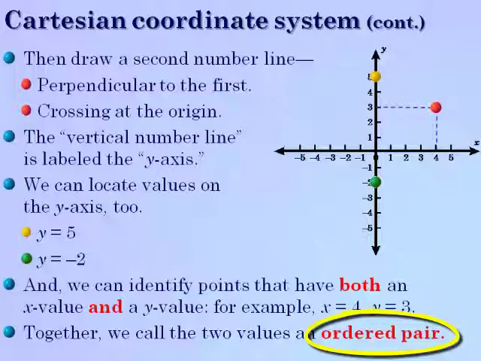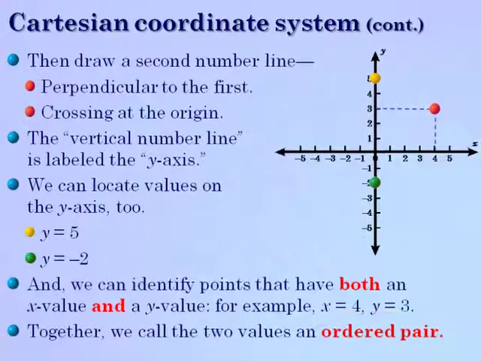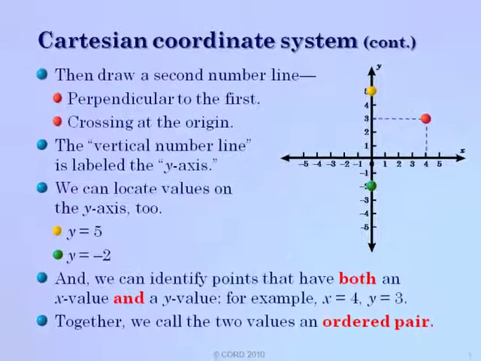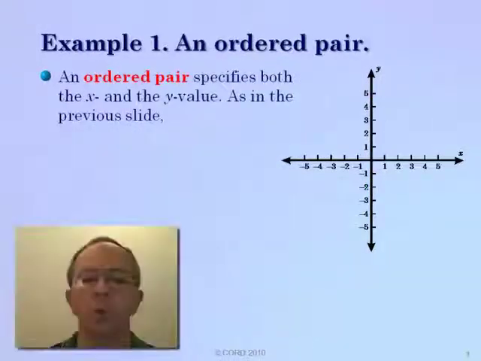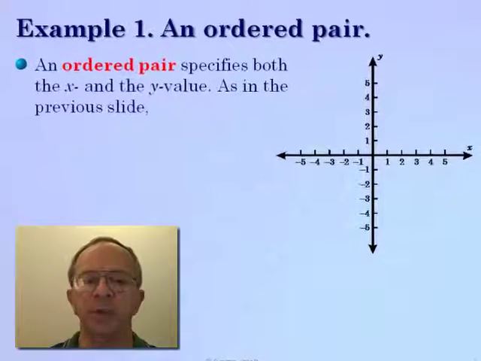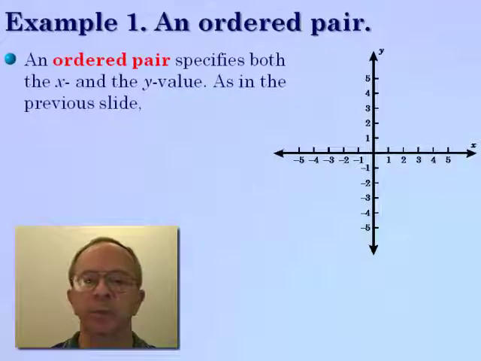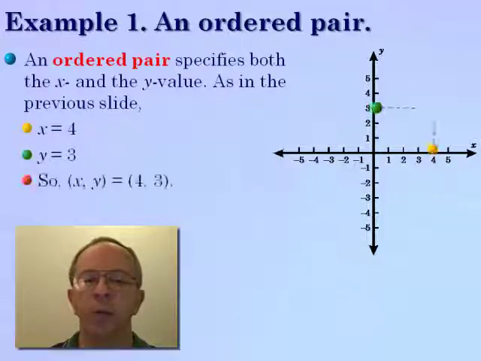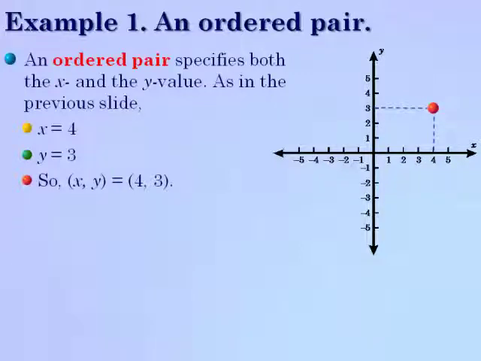Together, we call the two values an ordered pair. That's a term that you're going to have to be familiar with and use frequently in this module. An ordered pair specifies both the x and the y value, as we said in the previous slide. So we have x equals 4 and y equals 3, and that's going to help us plot the point (x, y) equals (4, 3).